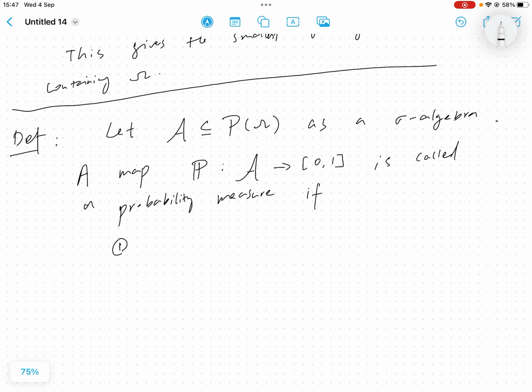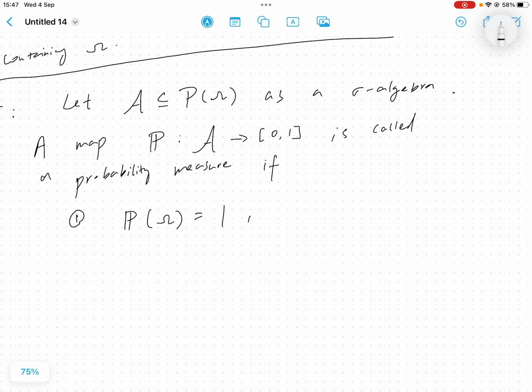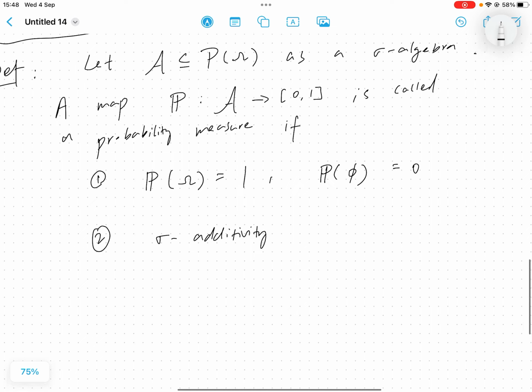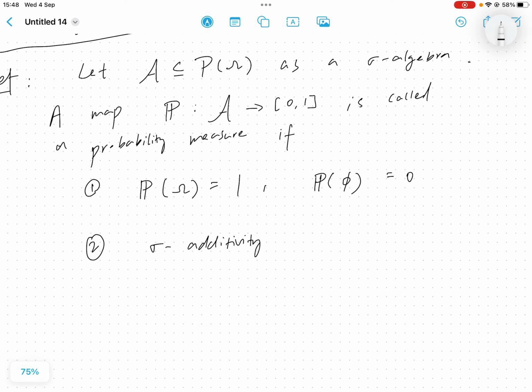if we have the following requirements satisfied. Okay, so the first one is that P of omega should be 1, right? So everything together, we have the probability of 1. And P of the empty set would be 0, right? And the second is the additivity, or it's called sigma additivity, and that's why we need this to be a sigma algebra, right?